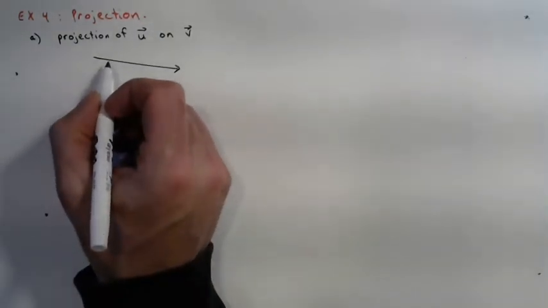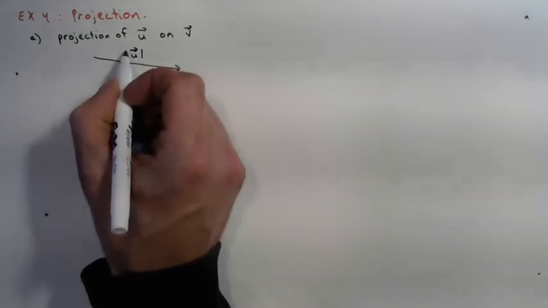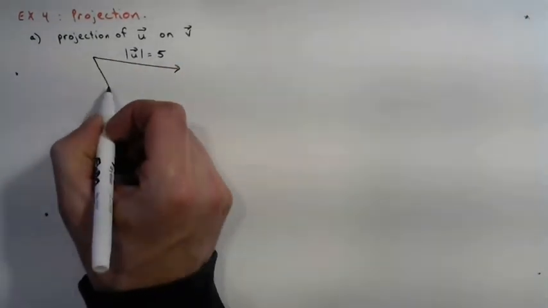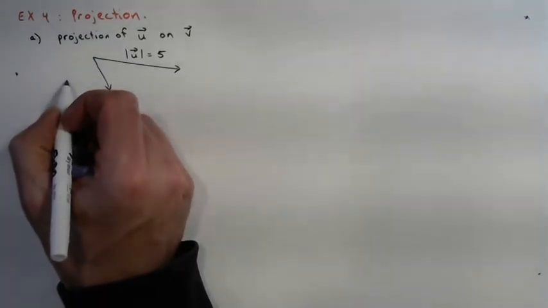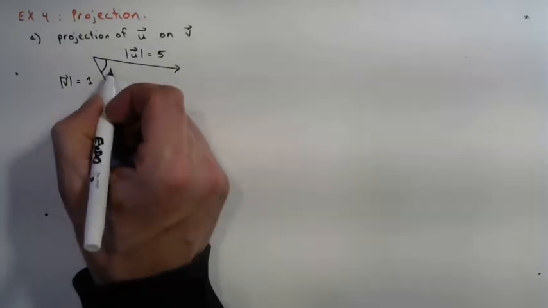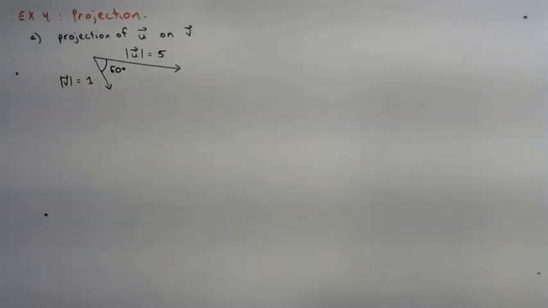We have vector u right here. We're told that its magnitude is 5. And we have vector v. We're told that its magnitude is 1. And the angle in between them is 50 degrees.